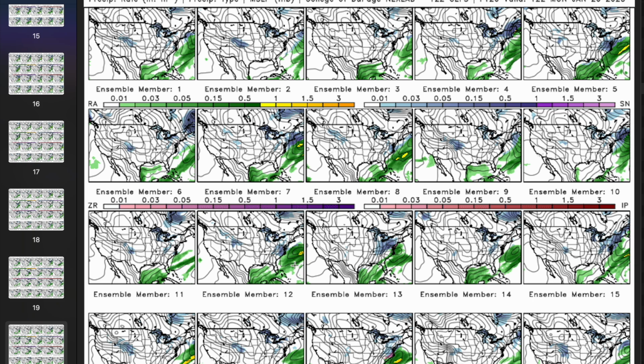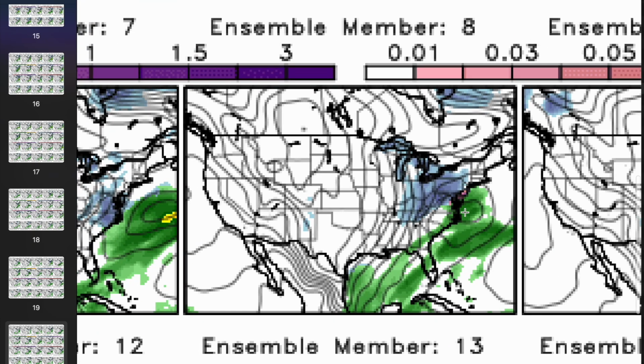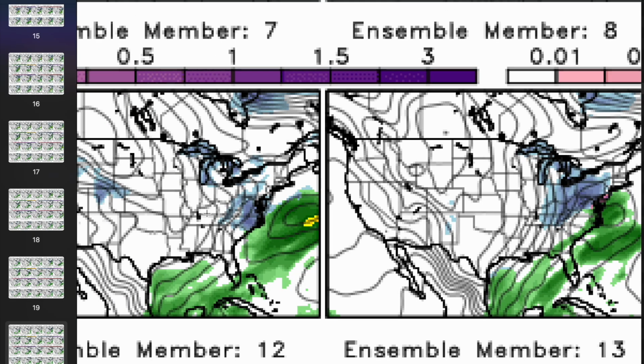You see, most of the members do not. But here's the cool thing about what you can see. If cyclone genesis does occur, notice that on all of those members that do produce cyclone genesis, on the back side of that is snow.